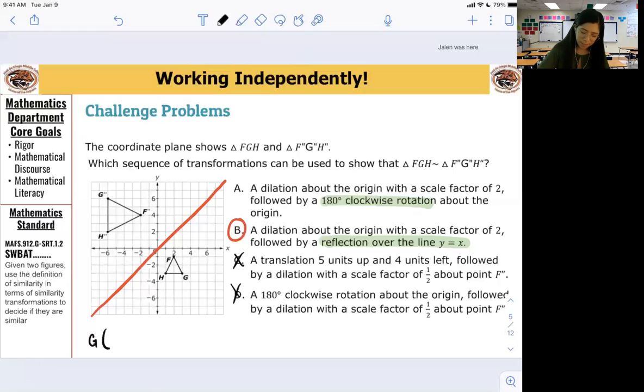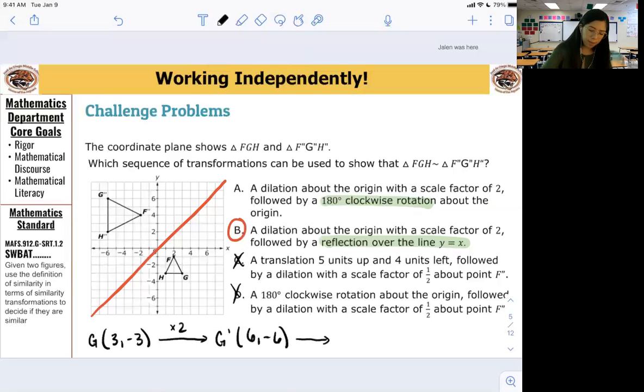There it is, 3 comma negative 3. Okay, we know there's a dilation of 2. So what is G prime? Where's G prime? After the dilation. Good, 6 comma negative 6.